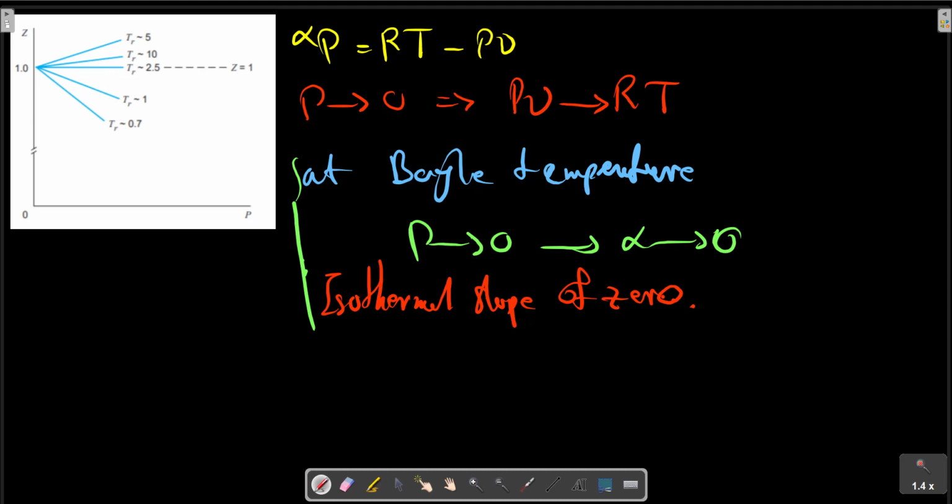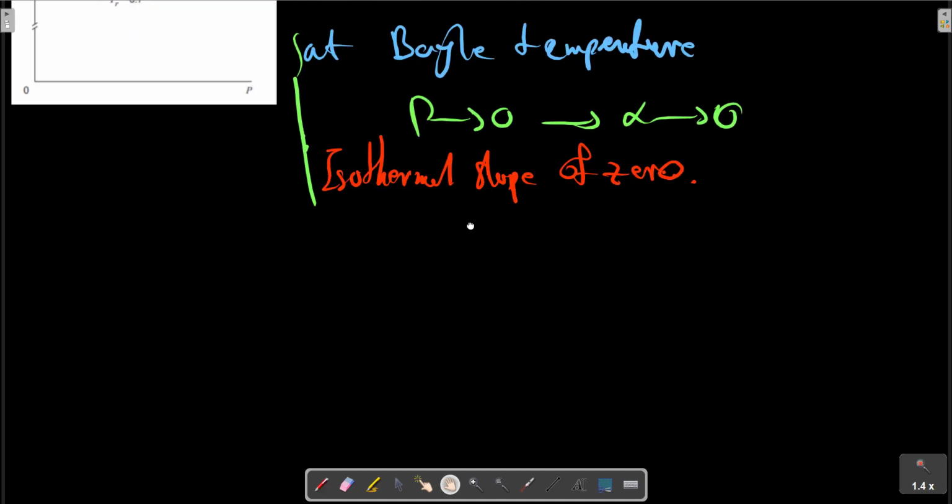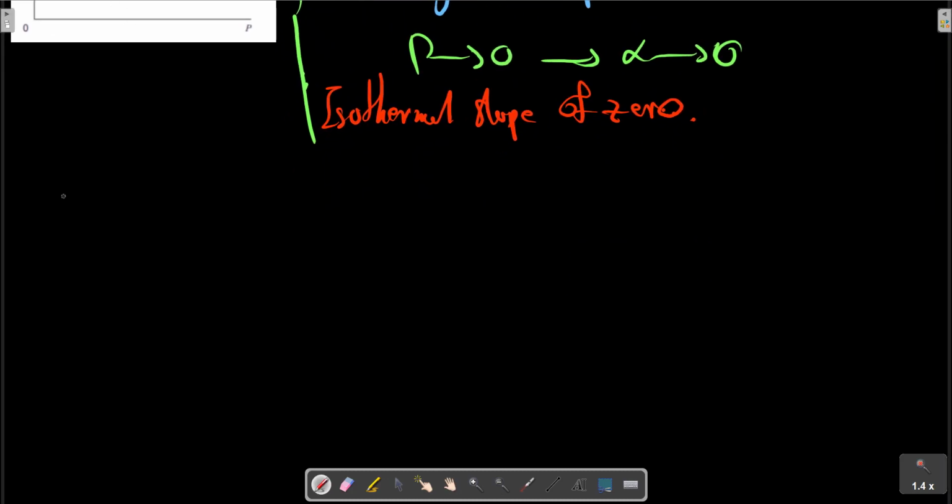However, the quantity RT over PV does not go to 0, but is instead a small difference between two large values. This does have an effect on certain other properties of the gas.